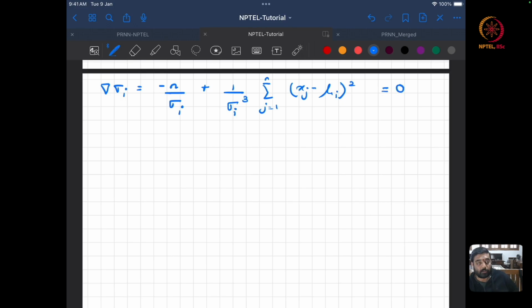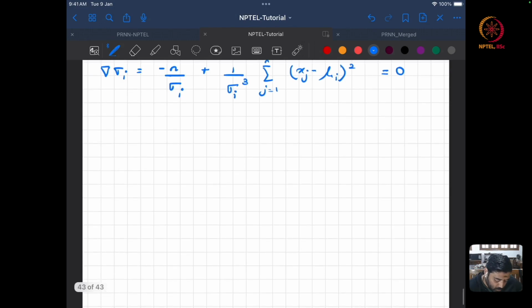This you equate to 0. Now when you do so, sigma i square star is the optimal value.